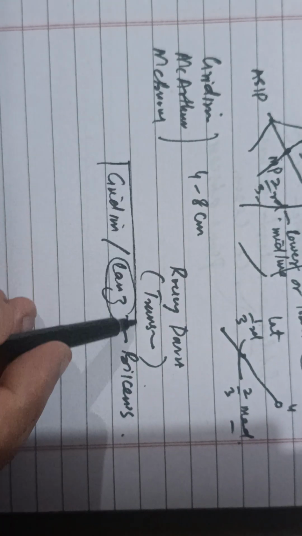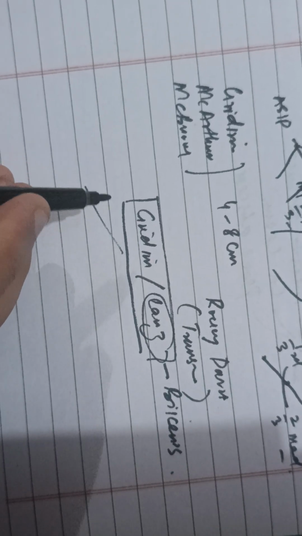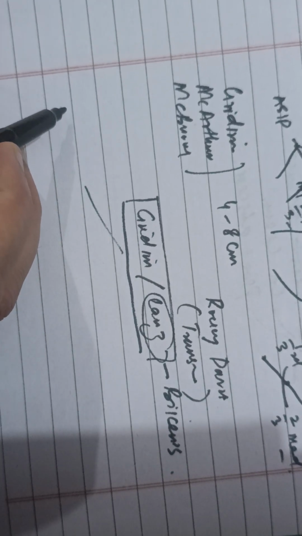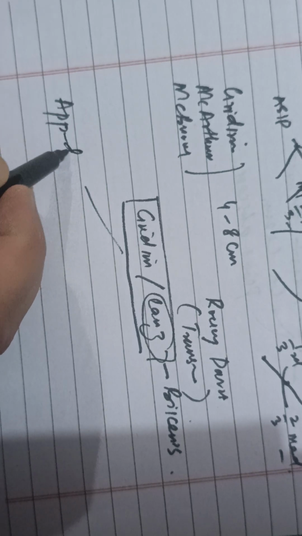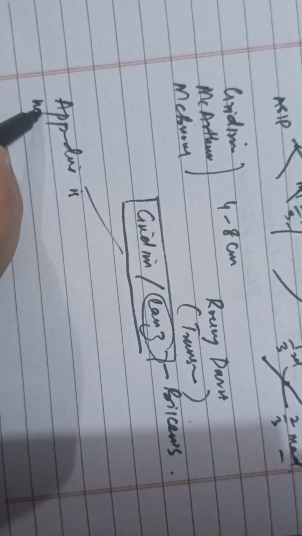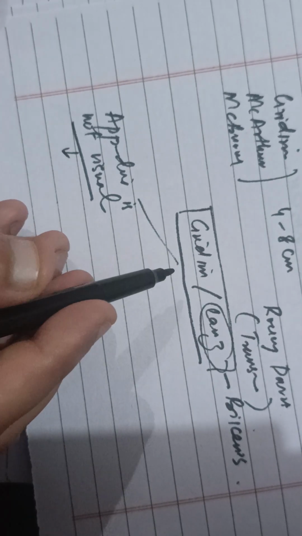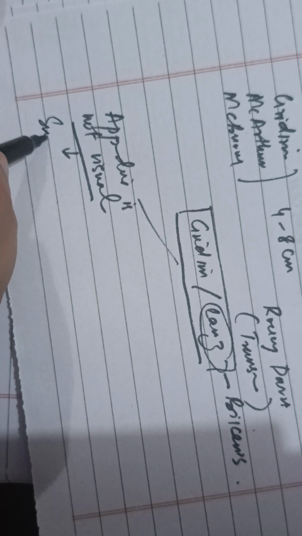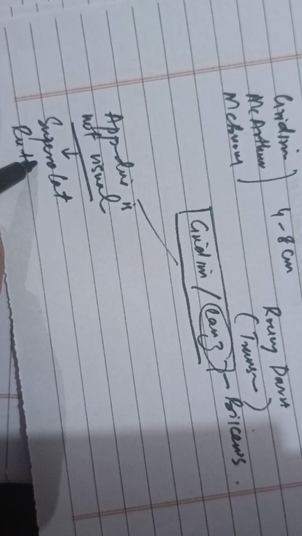If you give one of these incisions to the patient and you are encountering a problem like the appendix is not visualizing, then you extend this incision superolaterally by cutting the muscles. Then this type of incision is called Rutherford Morison incision.